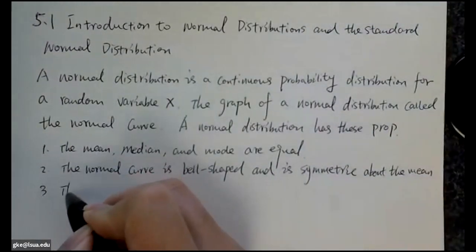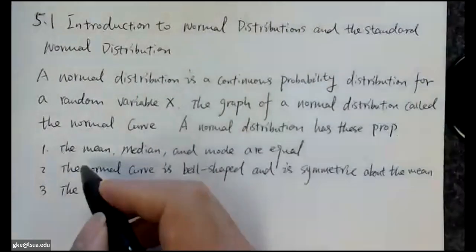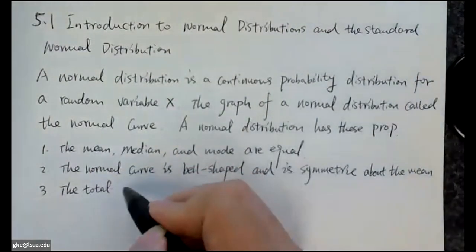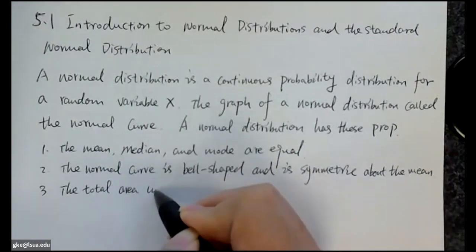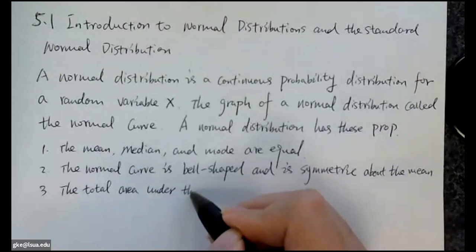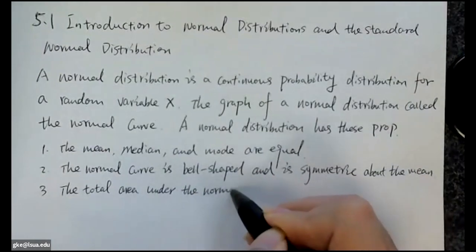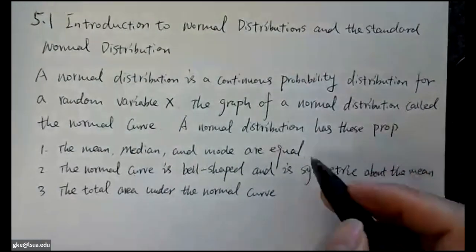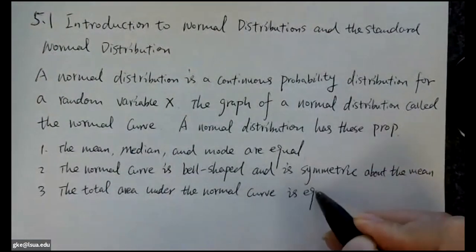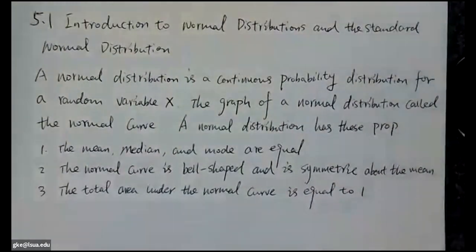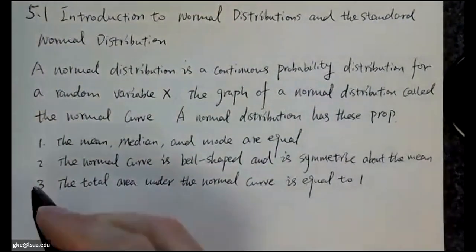The total area under the normal curve is equal to 1. Okay. 4.